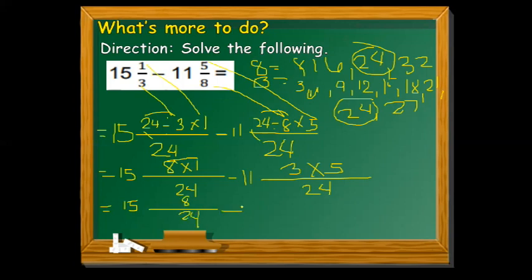Minus 11. And if 3 times 5 equals 15. And then 24. And then we will subtract. So 8 minus 15 cannot be siya. Tama ba ako? So hindi natin pwedeng i-minus yung 8 and 15. Kasi mas malaki yung 15.